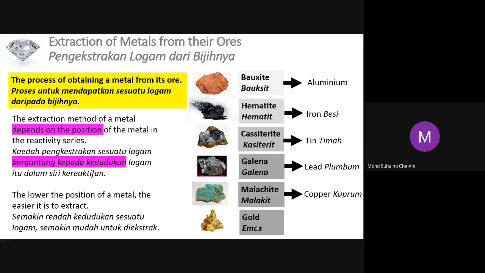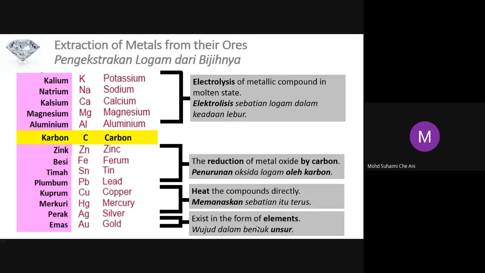To extract the metal from the ore is a little bit harder when the metal is at the top of the reactivity series. So it depends on the position of the metal in the reactivity series. This is the summary of how you extract the metal from the ore.